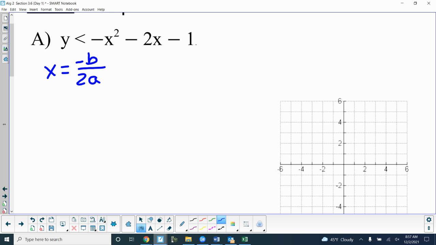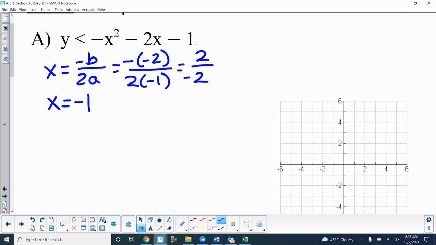So, negative b over 2a is positive 2 divided by negative 2. So my axis of symmetry is x equals negative 1. I'll just use this green one. There's my axis of symmetry.